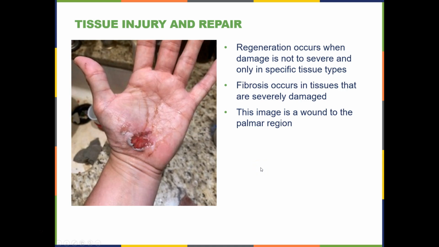So the last thing we're going to talk about then is injury and tissue repair. There are different types of tissues, and depending on the type of tissue, you're going to be able to repair the tissue completely through a process called regeneration, or you're going to end up forming a fibrosis scar, which is scar tissue.